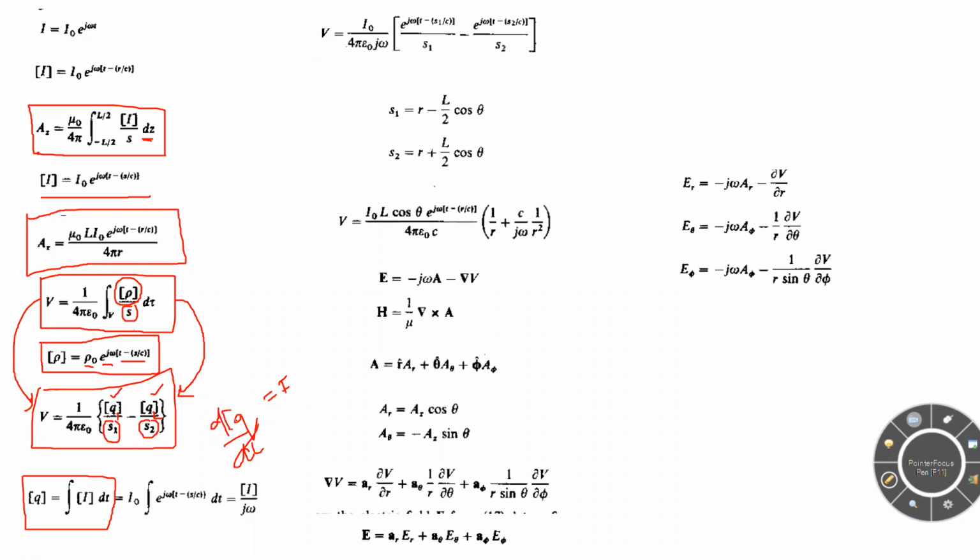Therefore, if you consider the retarded charge, the differentiation of the retarded charge with respect to time will be equal to the retarded current. So we have dq equal to retarded current into dt, and when we integrate this, the retarded charge is equal to the integration of the retarded current with respect to t.